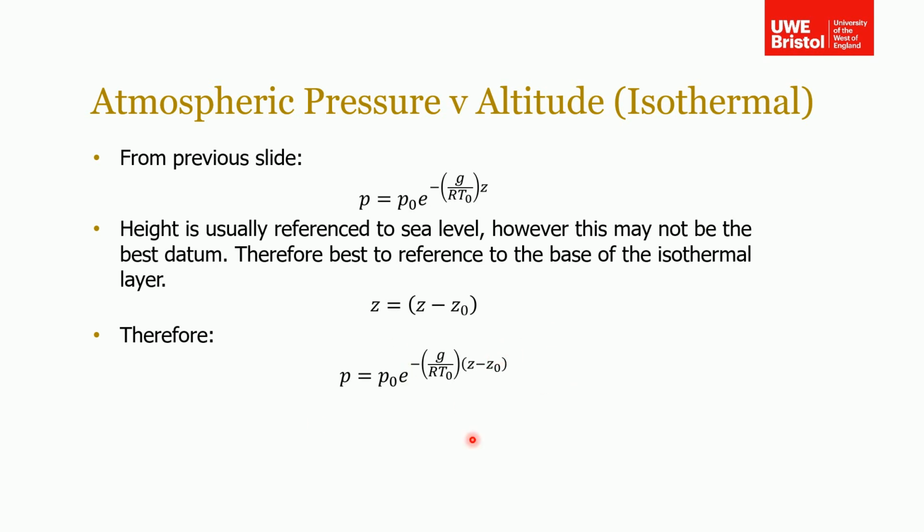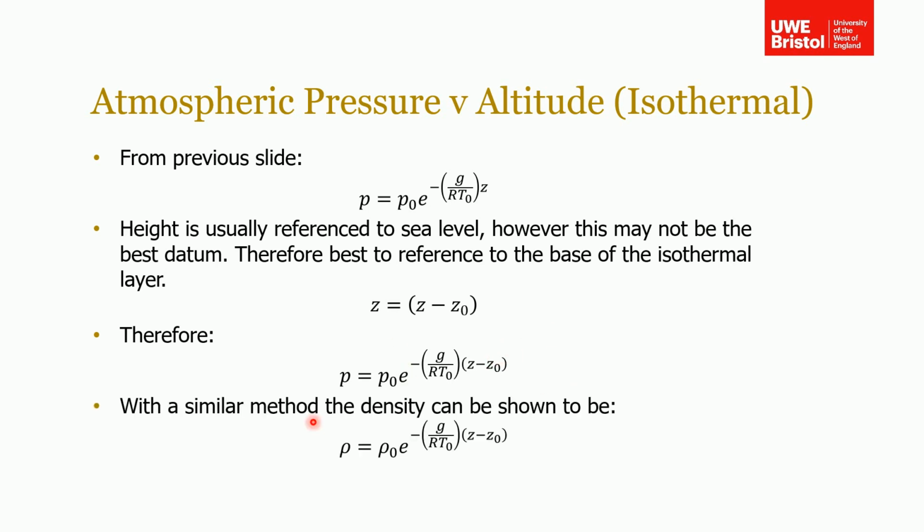And then we can use this for our calculations. But before we do, you can show, using exactly similar method to what I've done here, that the density is equal to a very similar relationship where the pressures are substituted out.